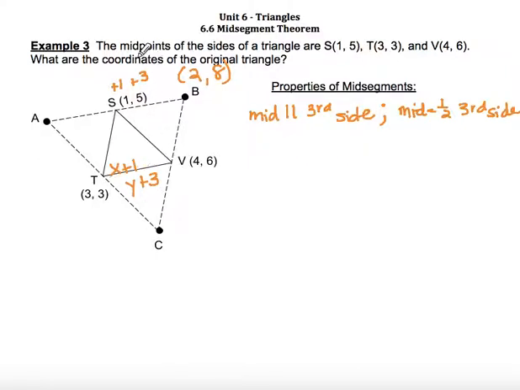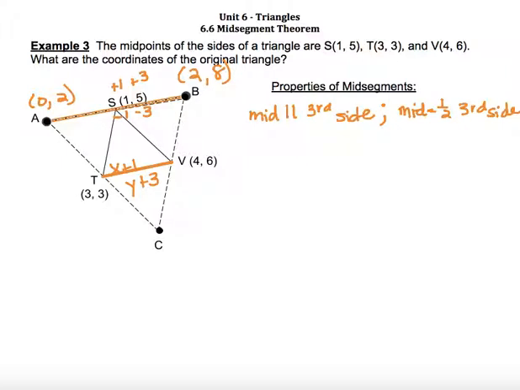So using my slope, I can also go the other way by subtracting 1 and subtracting 3. So this point should be 0, 2, using that midsegment with that slope. So now let's see if we get the same thing if we look at another midsegment. So this came from midsegment TV and AB.